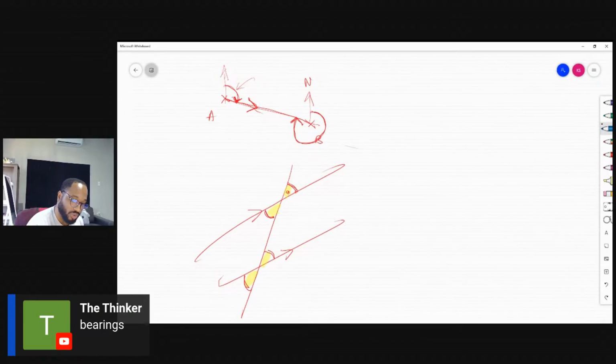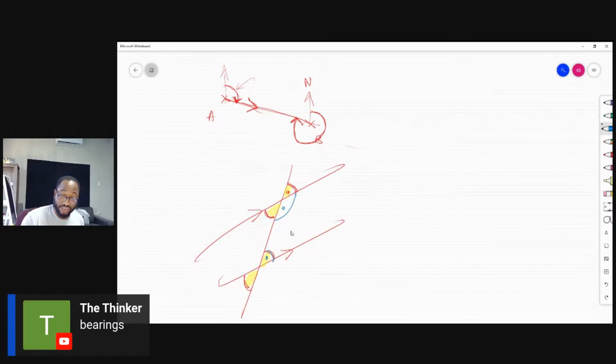Another thing you could know with this, your teacher might teach it like this: this angle and this angle are supplementary, and you call them co-interior angles because they enclose the interior here. Co-interior angles add up to 180 degrees. Cool.